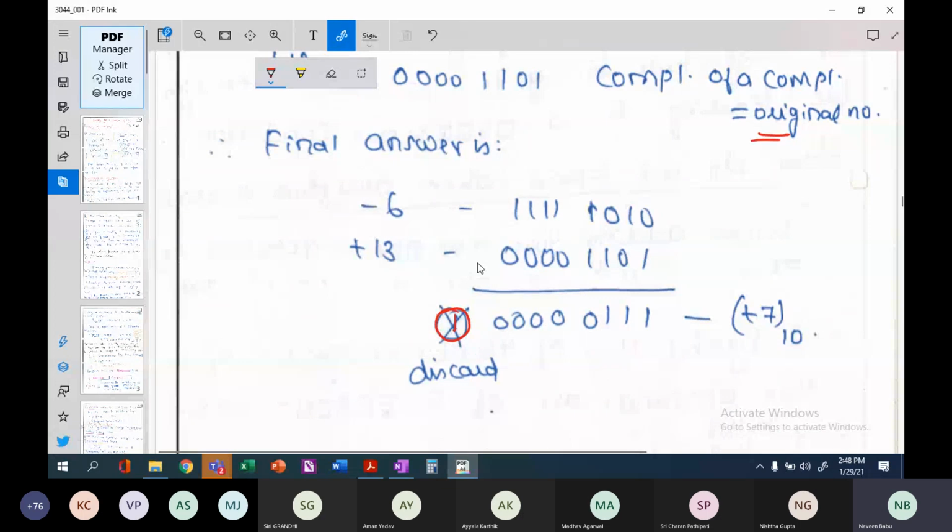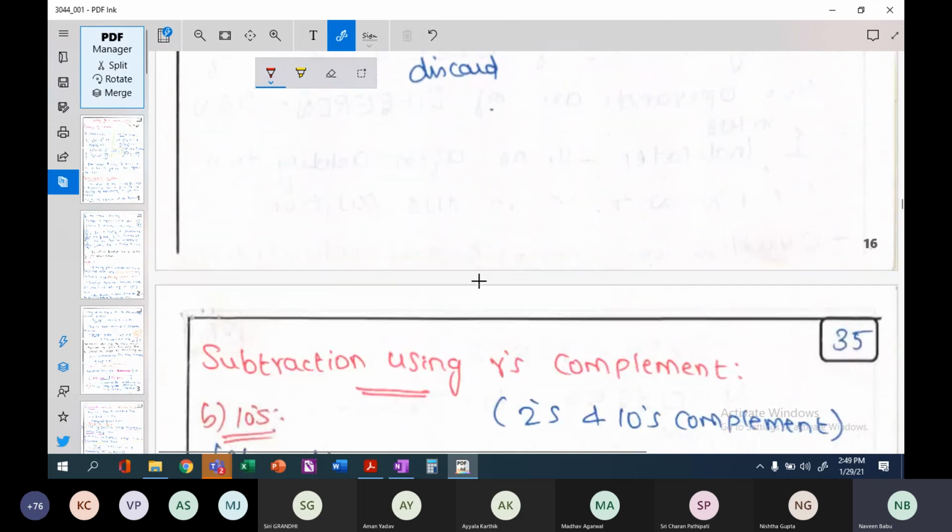So the result is going to be plus 7. Why plus 7? Because the first bit is 0, telling that you have a positive number, and the equivalent decimal value of 111 is 7. Obviously here also you can find the answer: the answer is going to be plus 7. So this is how you perform the subtraction using complement form.